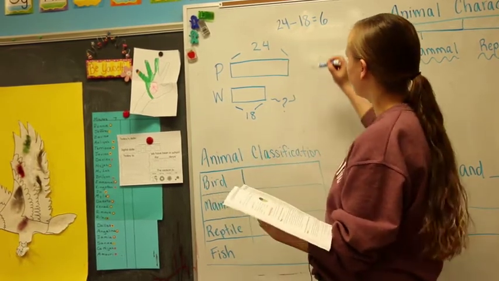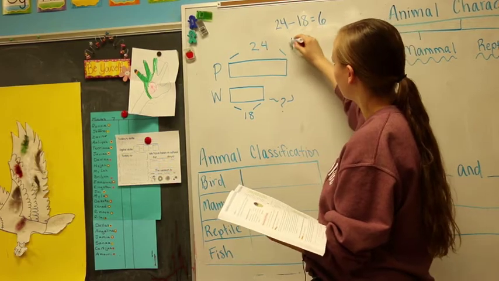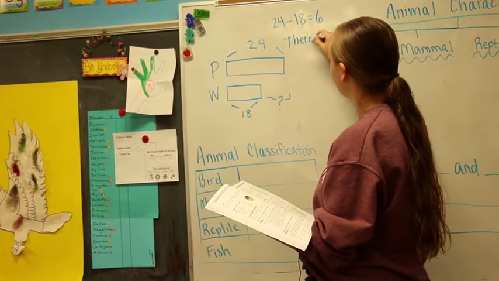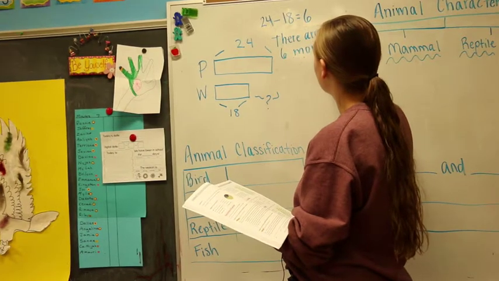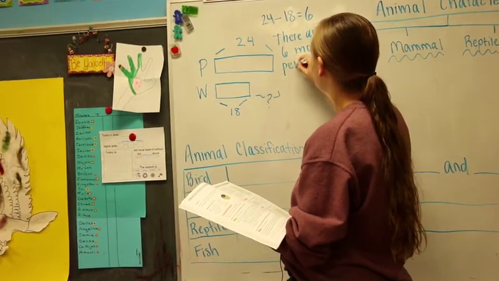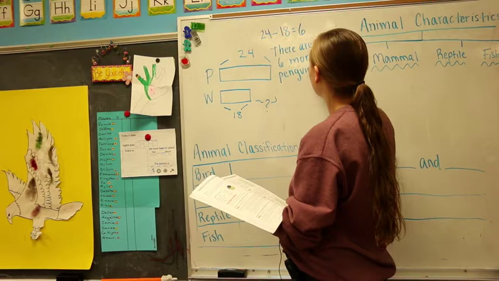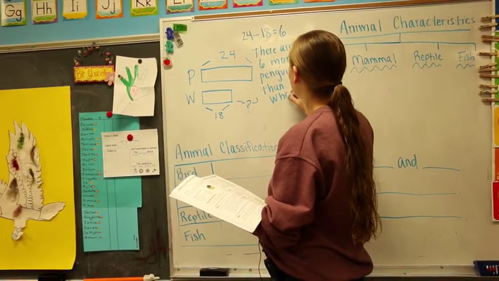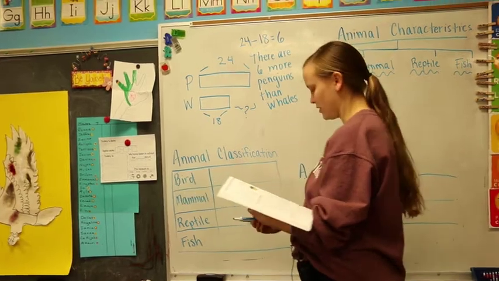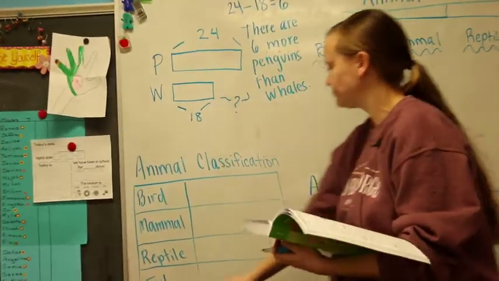And then to write your sentence, there are 6 more penguins than whales. So write that on the back and your redraw right will be done.